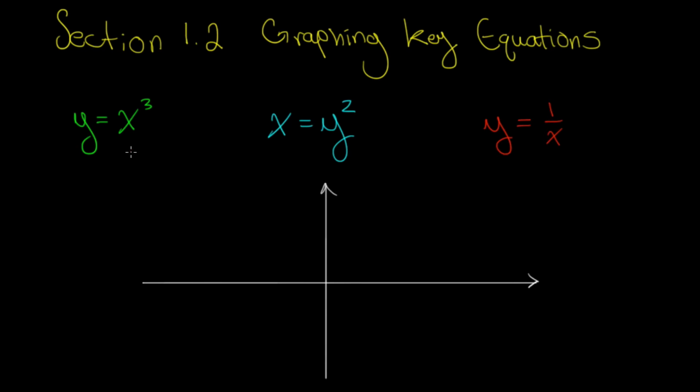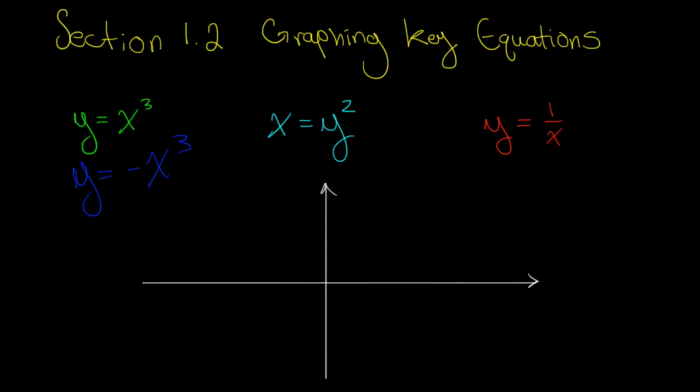So let's start with y is equal to x cubed. If we plug in negative x, we're going to get y is equal to negative x cubed, because it's an odd power.